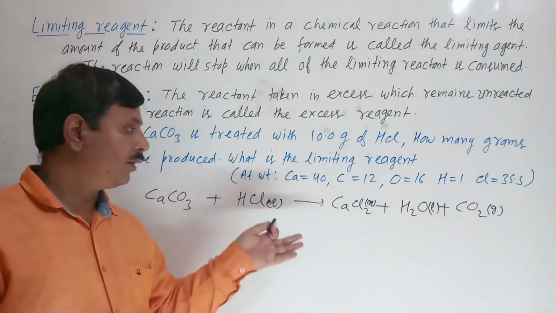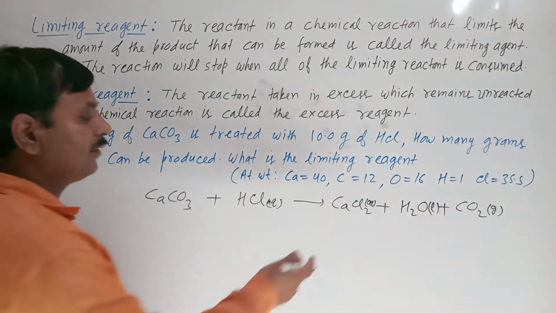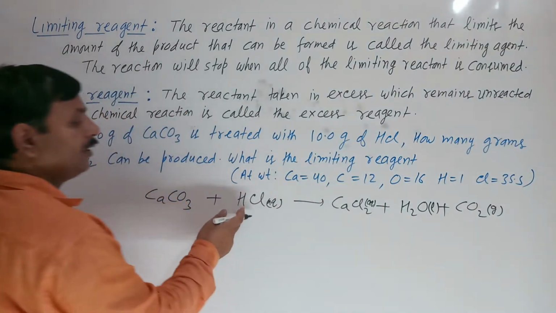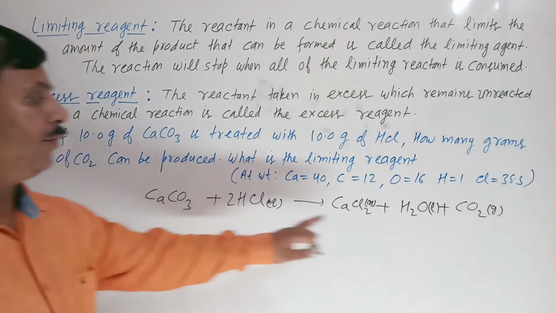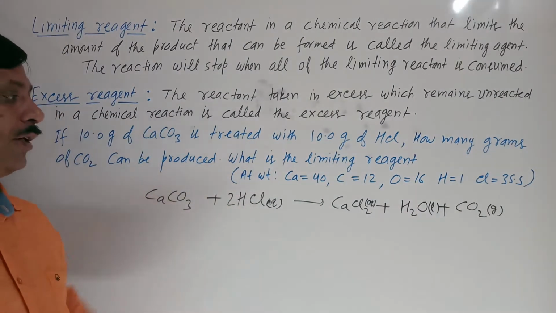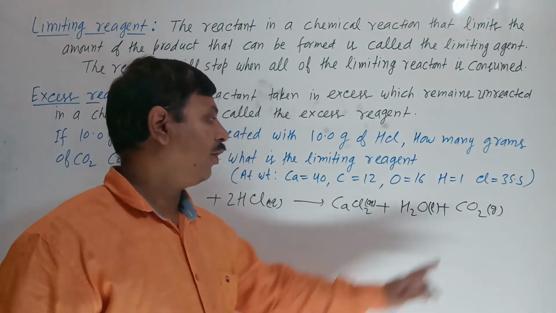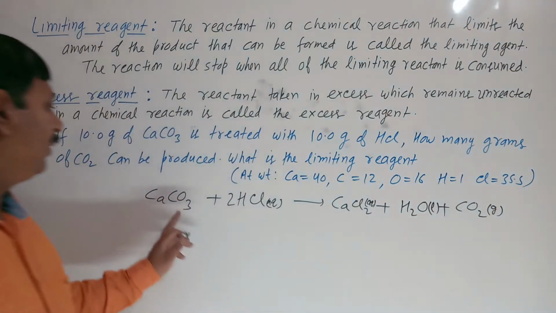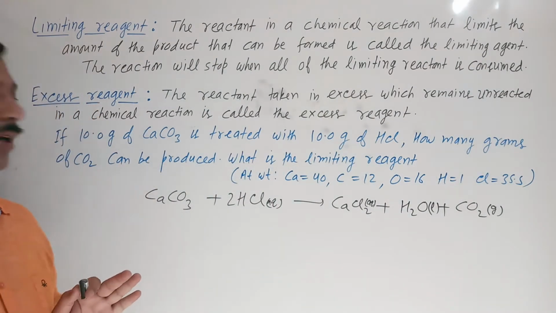See here, we want the balanced chemical reaction. If you go for the balance, here 2 hydrogen, here 1 hydrogen, 2 multiplied here, 2 hydrogen, 2 Cl, also 2 Cl, carbon 1, carbon 1, oxygen 2 plus 1, 3, 3 oxygen, 1 calcium, 1 calcium. This is the balanced chemical reaction.